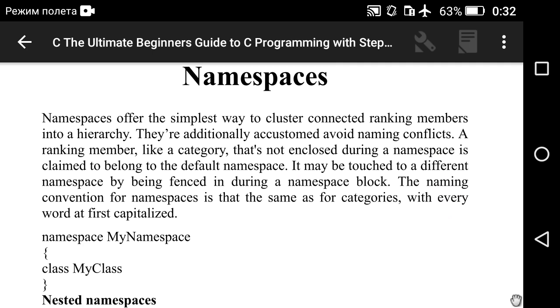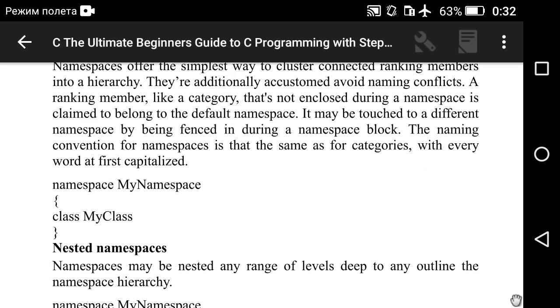It may be attached to a different namespace by being fenced in within a namespace block. The naming convention for namespaces is the same as for classes, with every word initially capitalized.